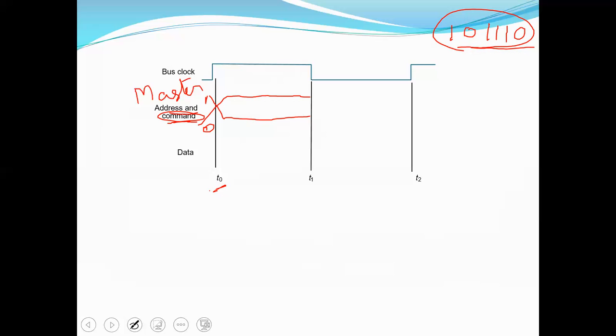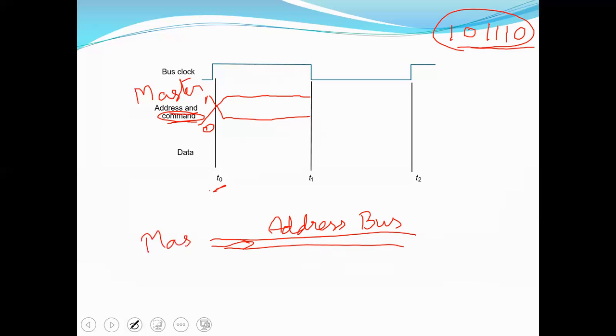Okay. Now, this address passes through the address bus. This is the address bus. Okay. You have seen earlier, a single bus consists of 3 buses. It contains address bus, data bus, and control bus. Now, the master has put the address and control signals through the control bus.